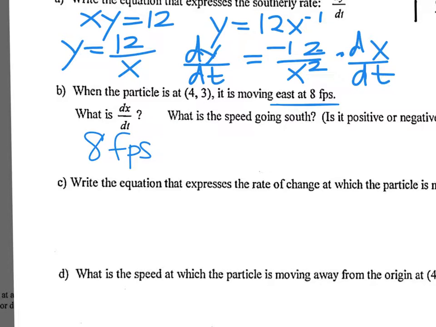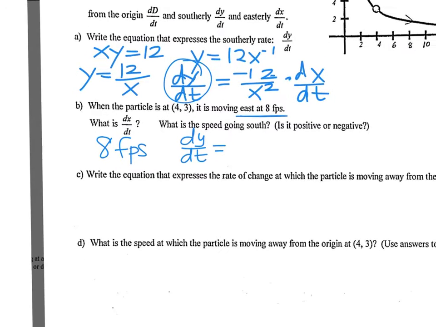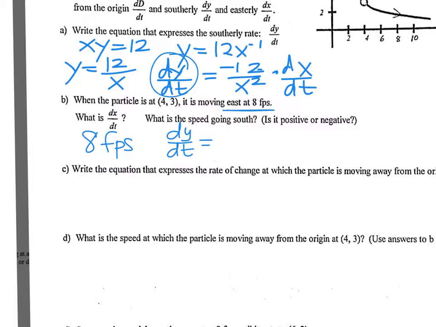What is the speed going south? Well, the speed going south is dy/dt. So dy/dt is equal to, we're going to plug everything in, negative 12 over 4 squared, since this is x and y, (4, 3), times dx/dt, which is 8.